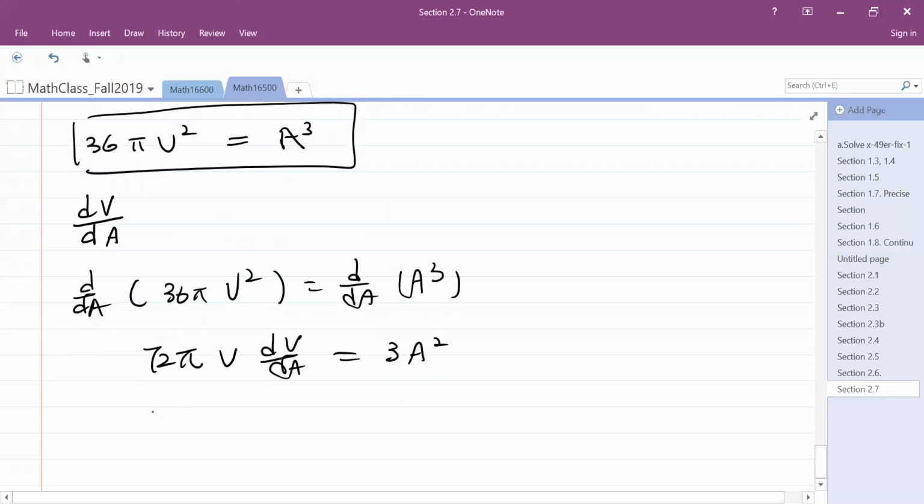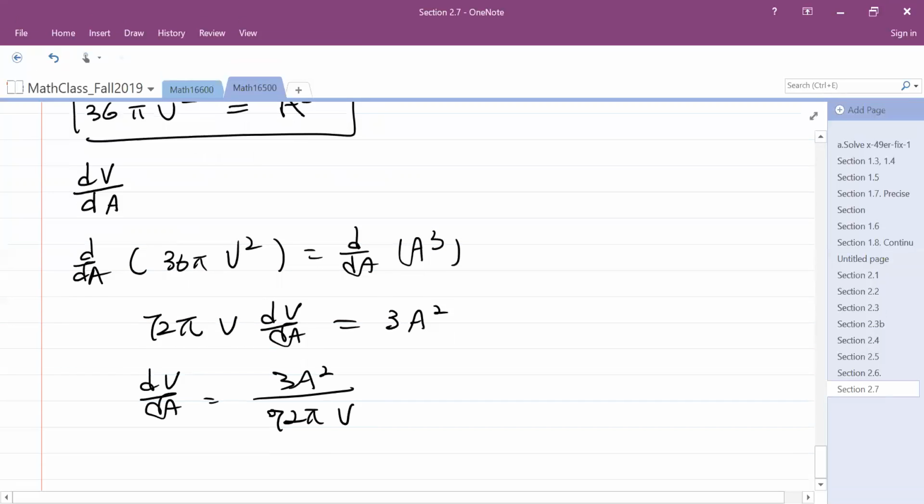Okay, so now you can do this. I think it's going to be 26 pi V and A squared.